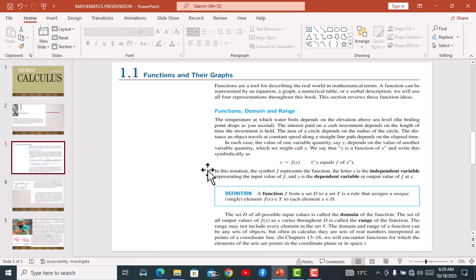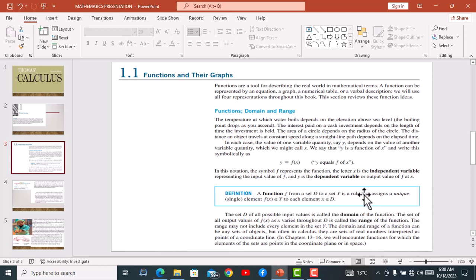All right, the definition of a function. A function f, so you have this machine, for example 2x + 3, from a set D to a set y. The set D will be the values of x that you input into the machine, and the set y will be the output when D is put into the function.